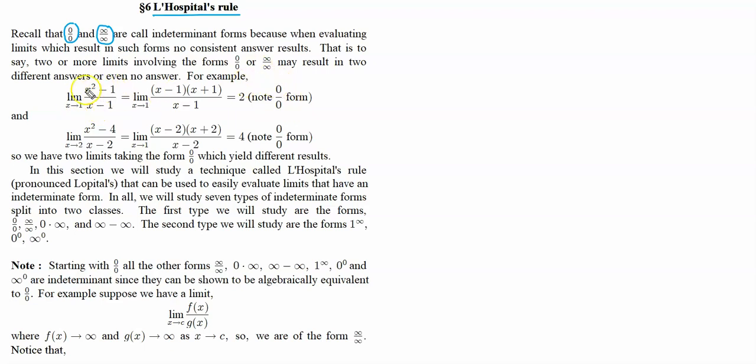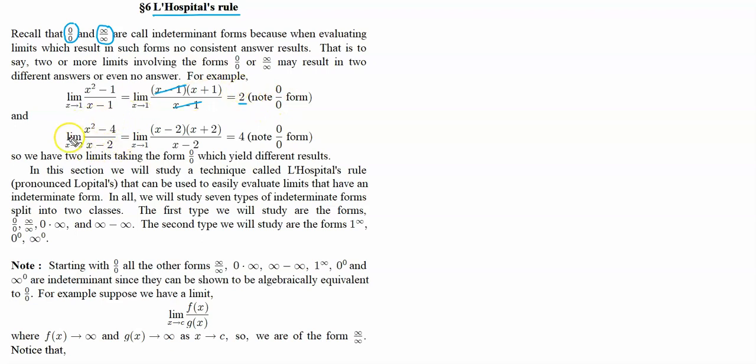Now if we evaluate this limit, you see how we can cancel the x minus 1 terms when we expand the numerator, and you get 2. Okay, so the first limit here is of the form 0 over 0, and we get back the number 2.